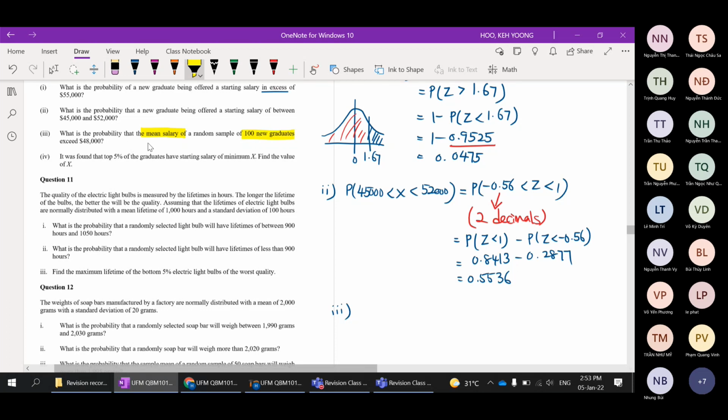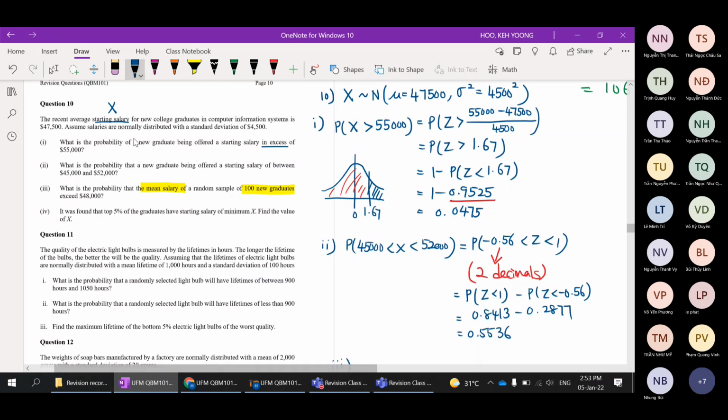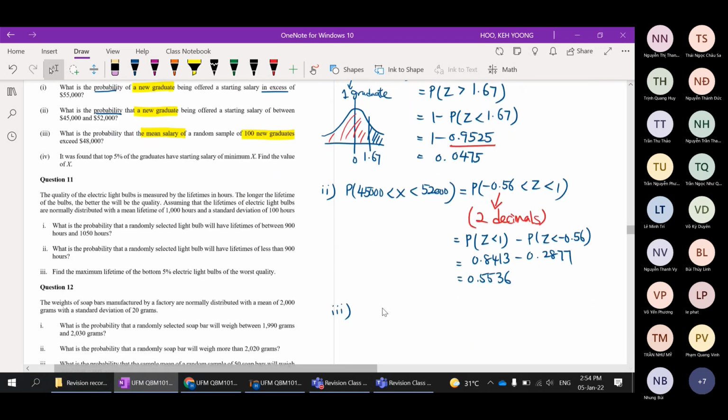Whereas for questions 1 and 2, you are looking for the probability for a single new graduate's salary, so you use X. But if you have a group of people and want to find the mean salary, we use X bar.